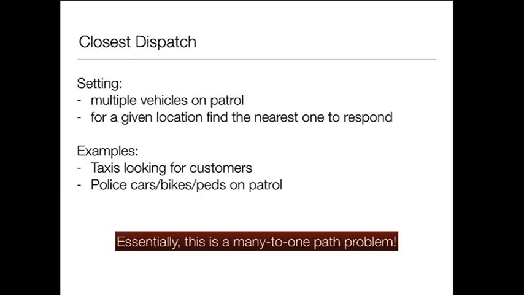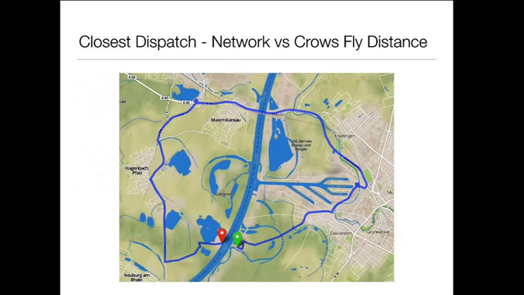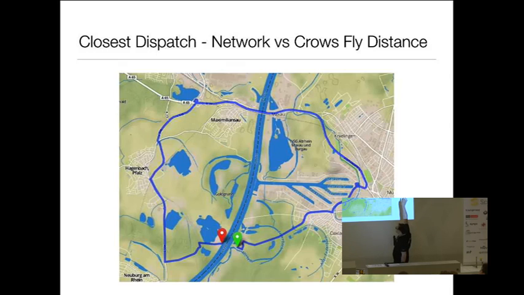We're speaking of network distance here, because let me give you an example. This is Karlsruhe. We're somewhere over on the right-hand side. This is like 15, 20 minutes away from here. So assume that the green guy is your vehicle on patrol and the red guy is the incident.